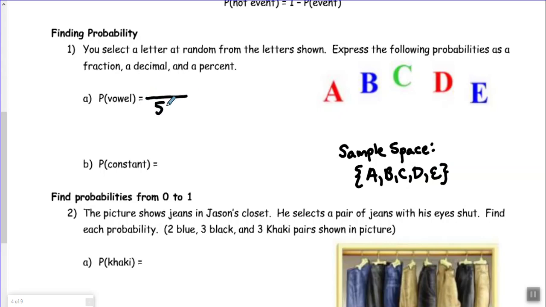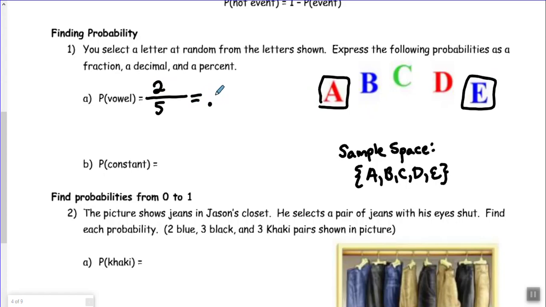Okay? Now, we need to know this word vowel. Well, vowels are going to be your A, E, I, O, U, and sometimes Y, right? So the vowels, there are only 2 vowels in here. So our fraction is 2 over 5.